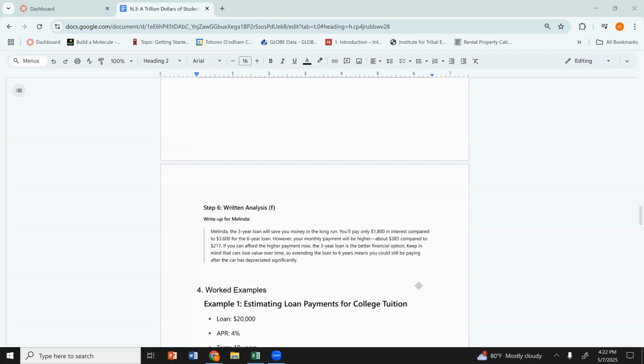So even if you want to sell the car, you can only sell it for very little. While if you pay it off quickly and something happens, you want to sell it, you can still sell it at a higher price.